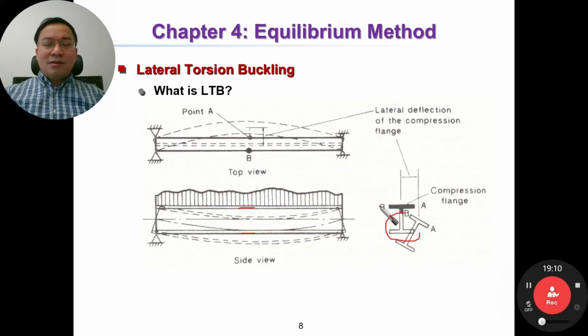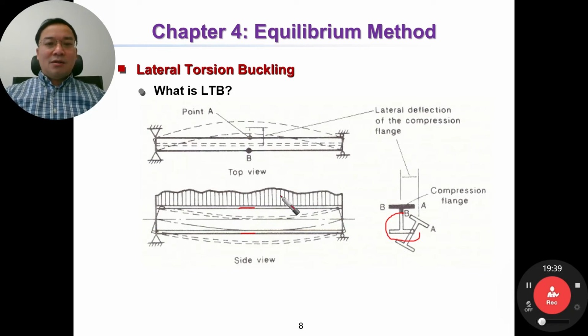Sometimes compression makes the structure buckle. So that's why this beam sometimes deflects in the horizontal direction, not vertical but horizontal.